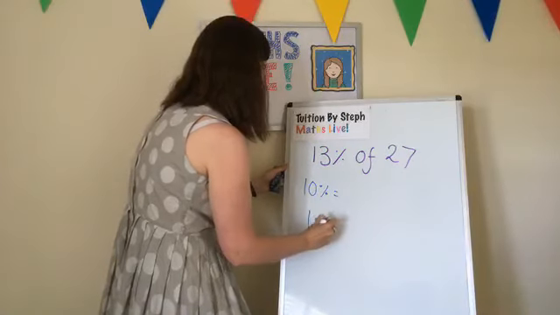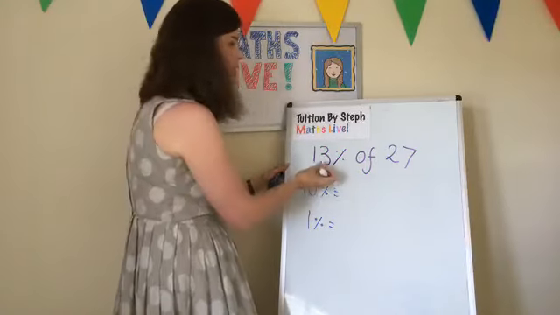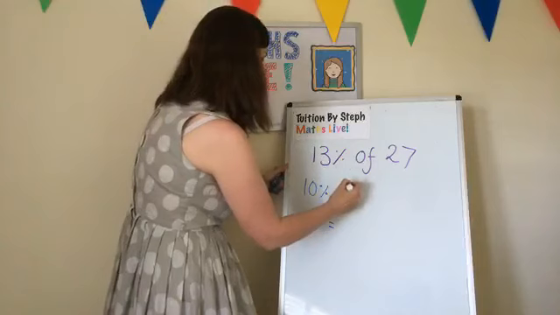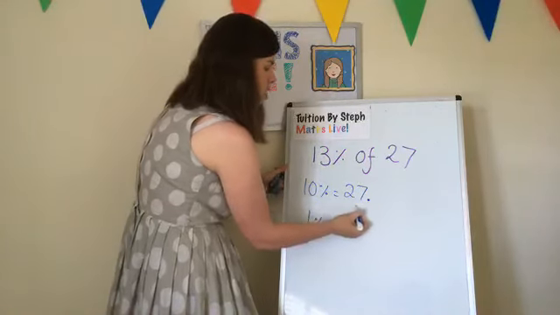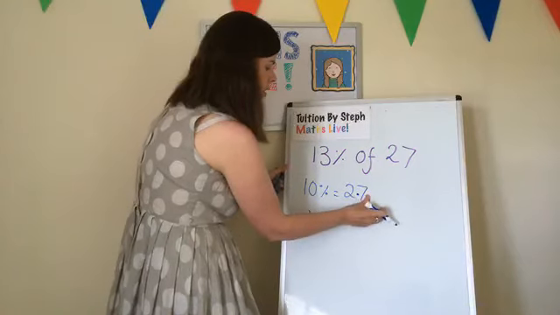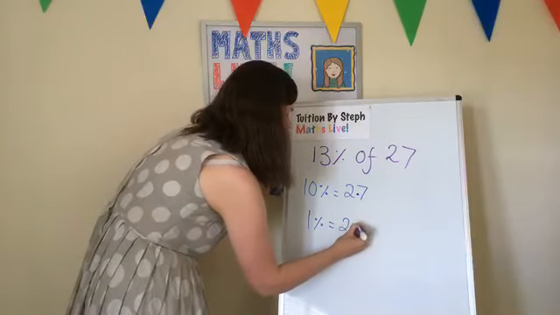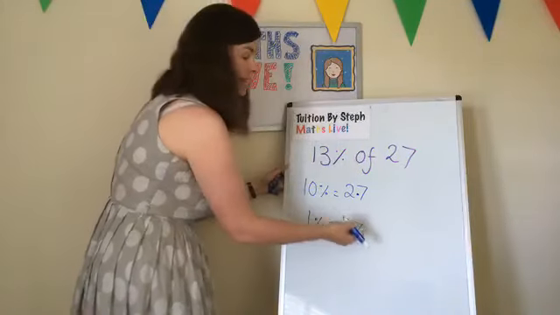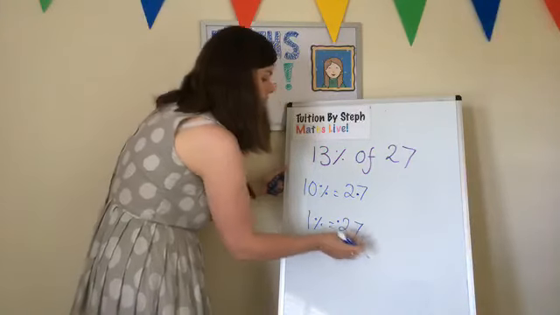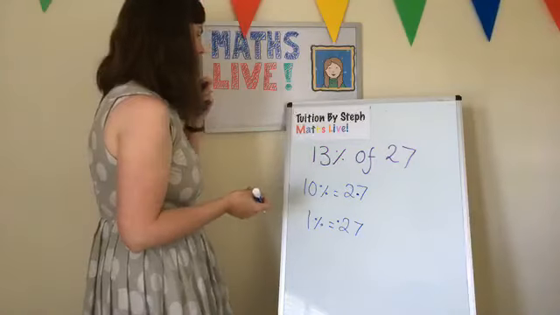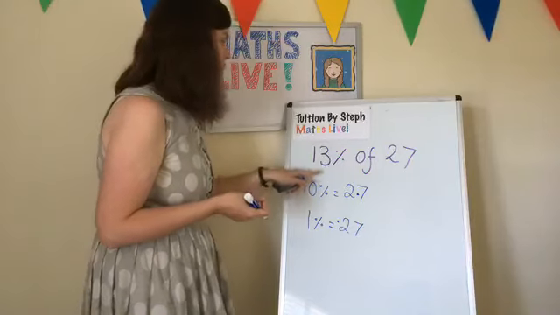Before I do any calculating, I'm going to find both of those facts, and when I've got both, I'm ready to find 13%. 10% of 27: there's my decimal point for 27, move it once to the left, 2.7. 1% of 27: there's my decimal point, it jumps two to the left, 1, 2, so it's 0.27. I've got my 10% for 13, but I don't want 1%, I want 3%.